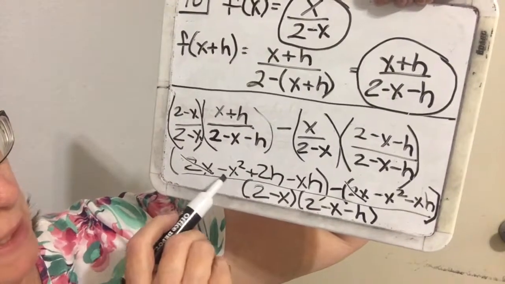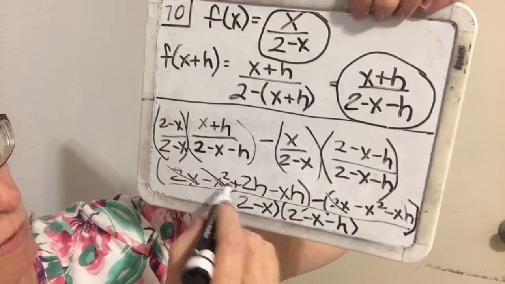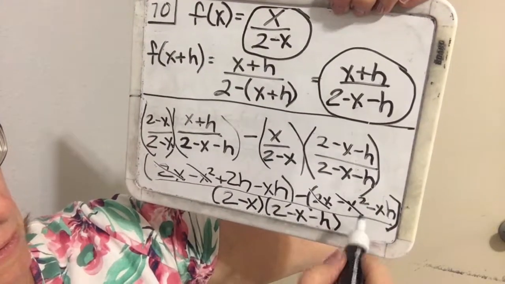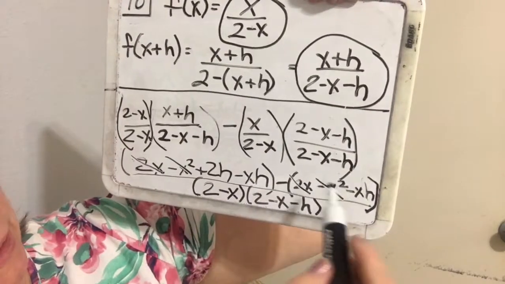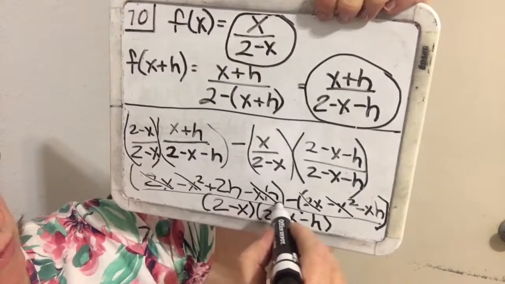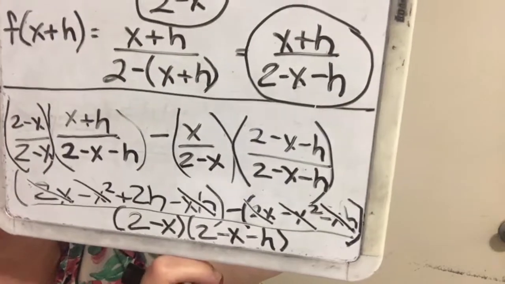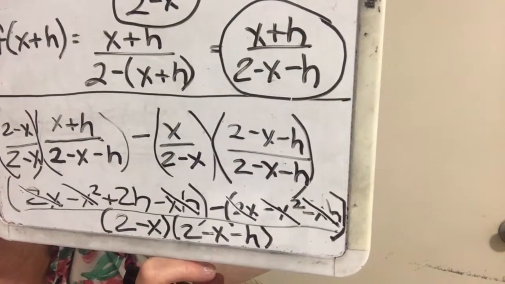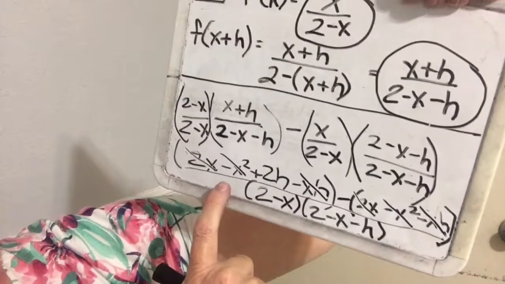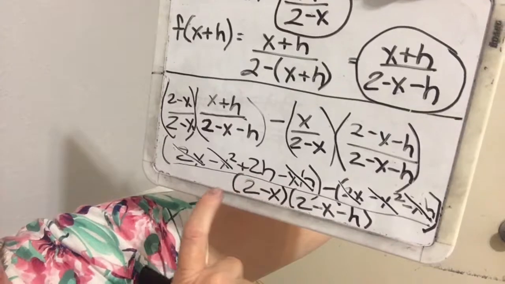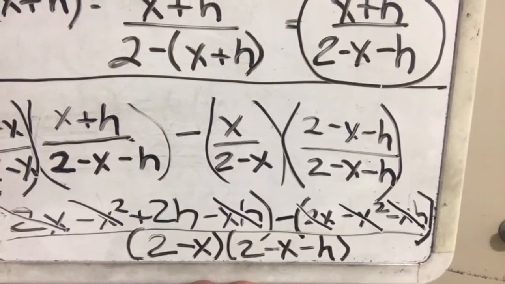Right? We have a minus x squared and then a minus x squared. So those are going to cancel. We have a negative xh and a minus a negative xh. So those are going to cancel. So can you see that what looked horrible has everything cancel except for one term? And that one term is a 2h. And that's the only thing on the top that did not cancel.